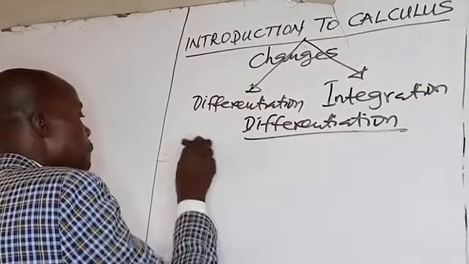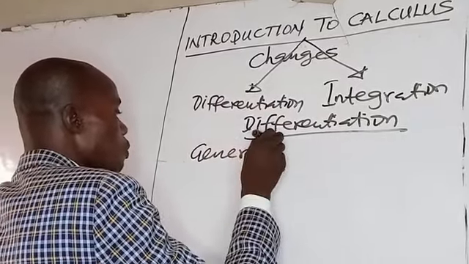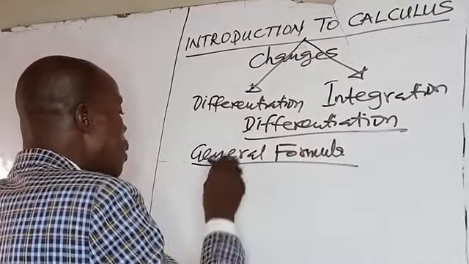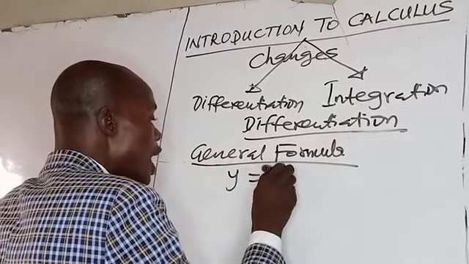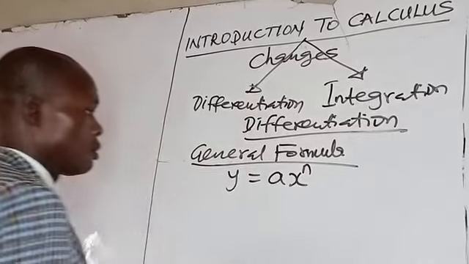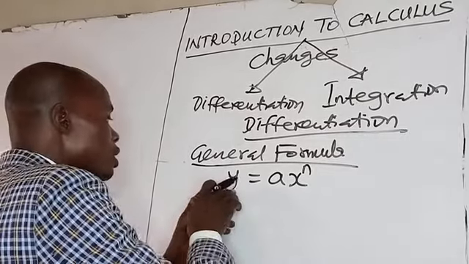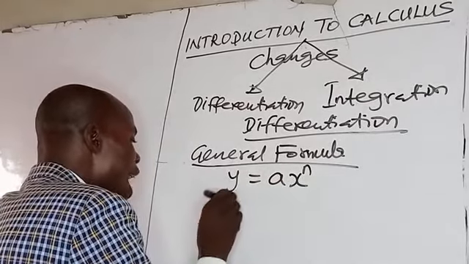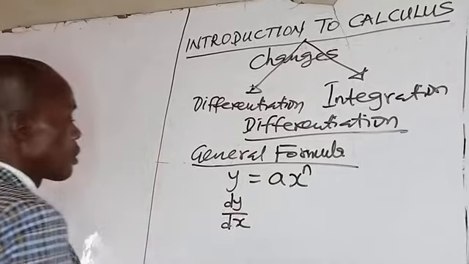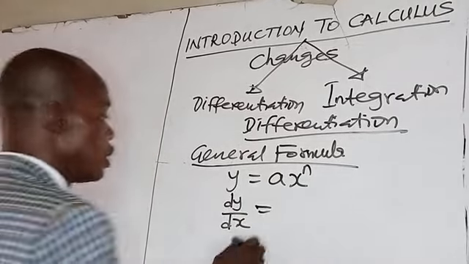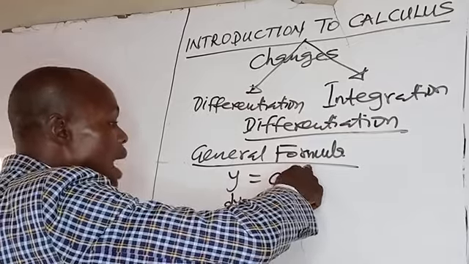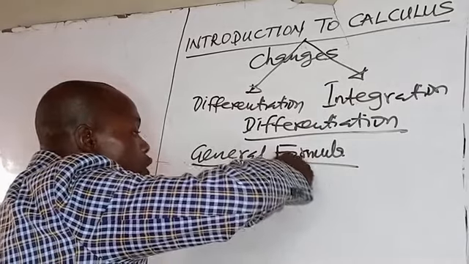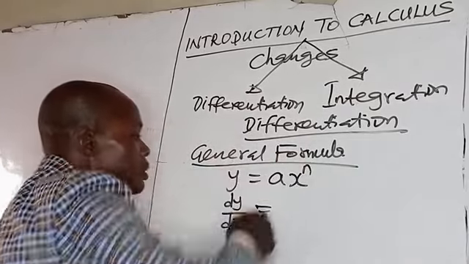General formula. If y equals ax raised to power n, the change in y with the corresponding change in x can be represented by dy dx. To find dy dx, you take the power and use it to multiply the coefficient of x.